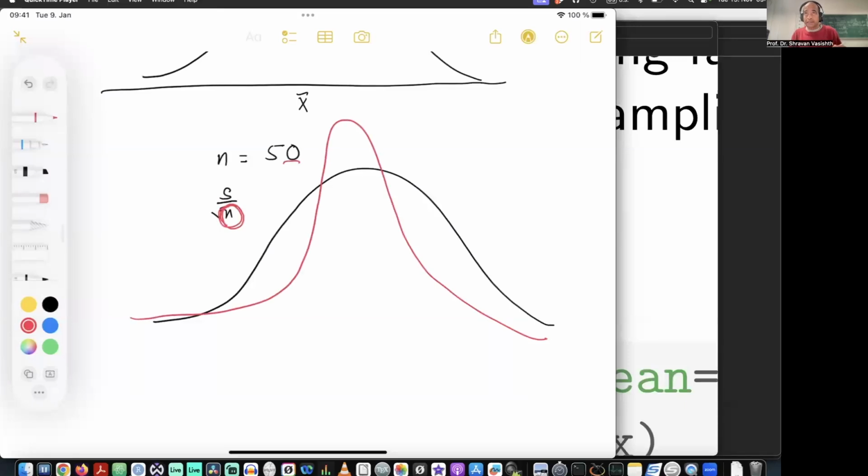So the practical consequence is that as n increases, the standard error will become smaller. And what is the implication of that? The implication is that if you have a large sample size, the variability in your sample mean will go down under hypothetical repeated samplings.